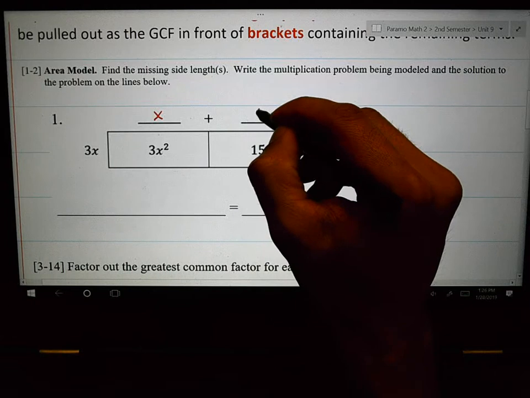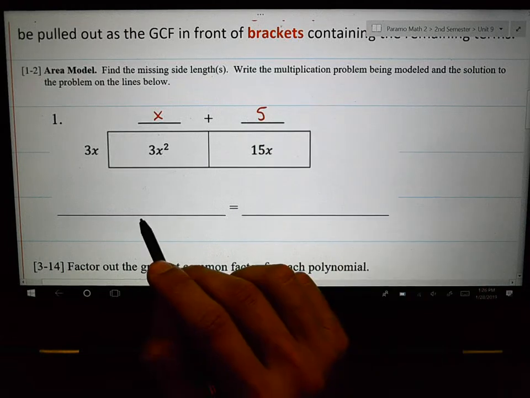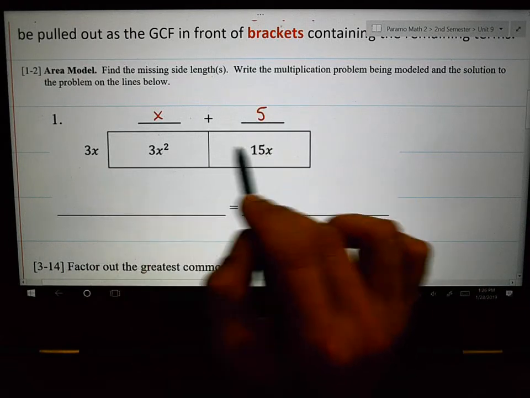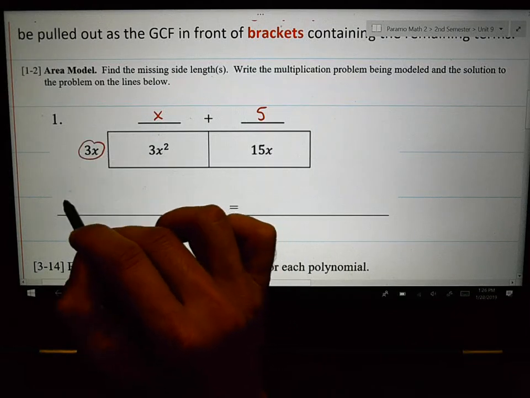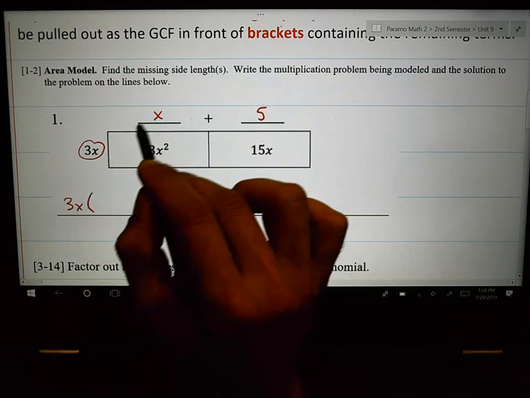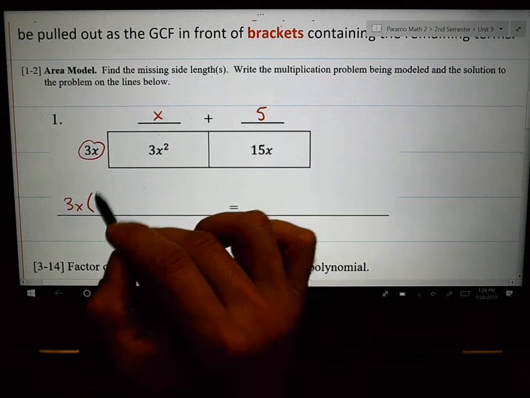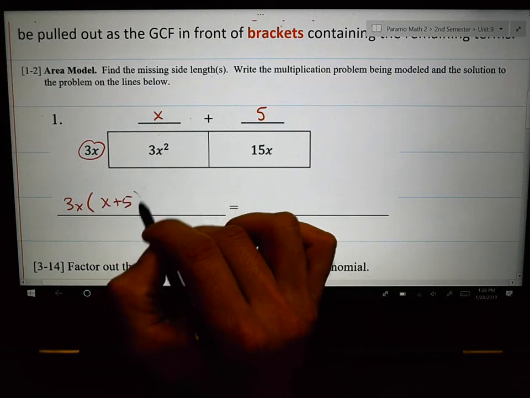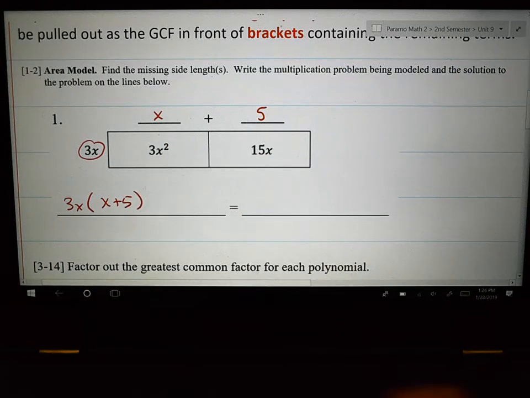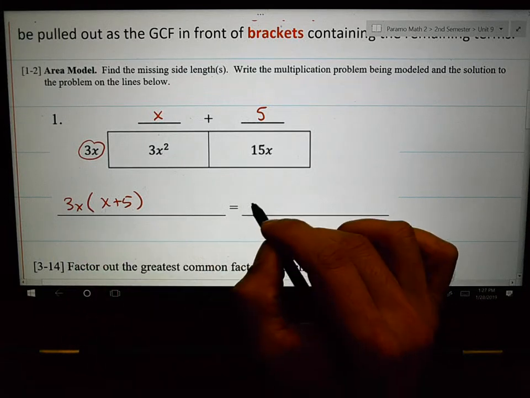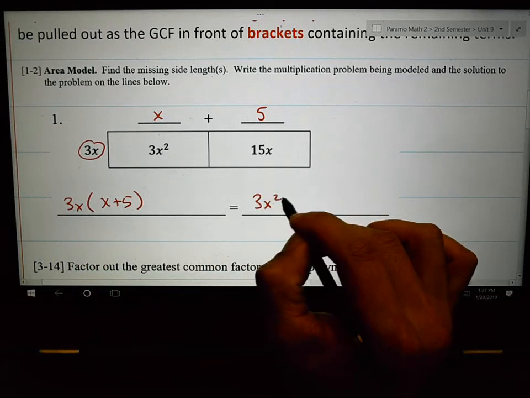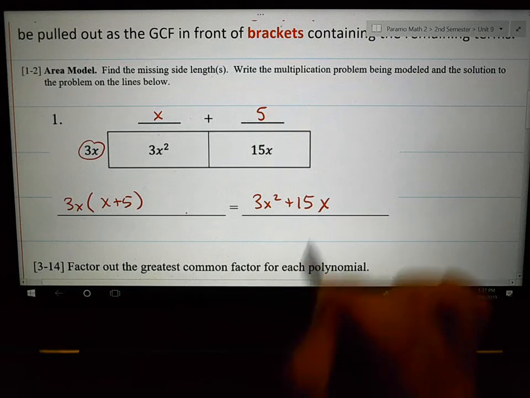And it's a 5. So if I know that this times this is that, and this times this is that, then what we're saying is that this thing multiplies to this thing, the x plus 5, using parentheses for that group. 3x times the quantity of x plus 5 is going to equal 3x squared plus 15x.